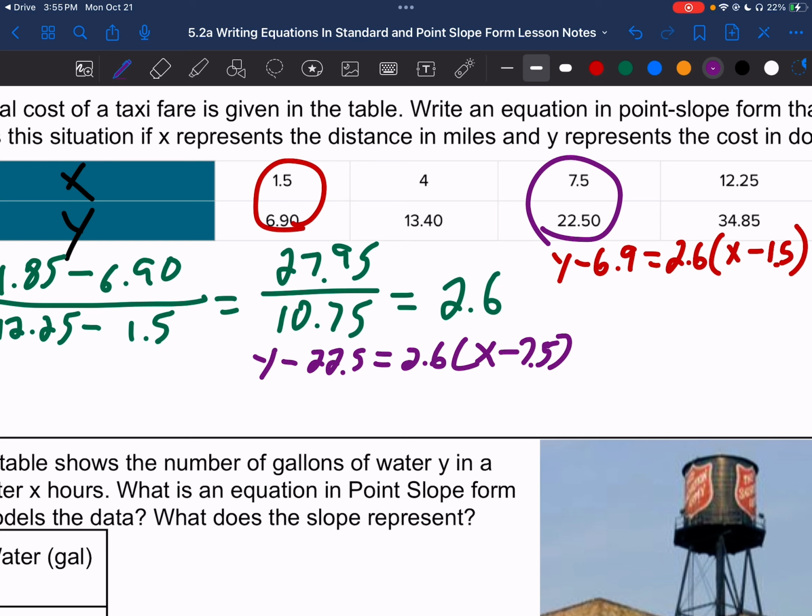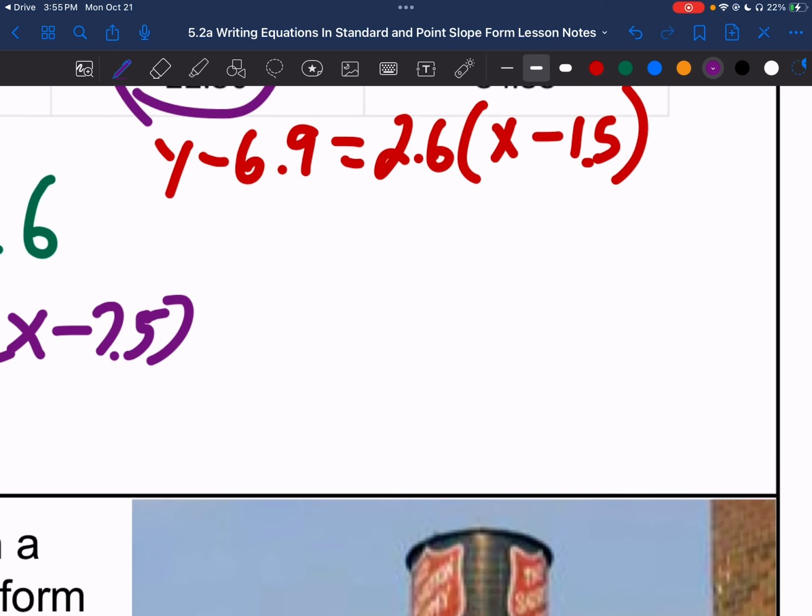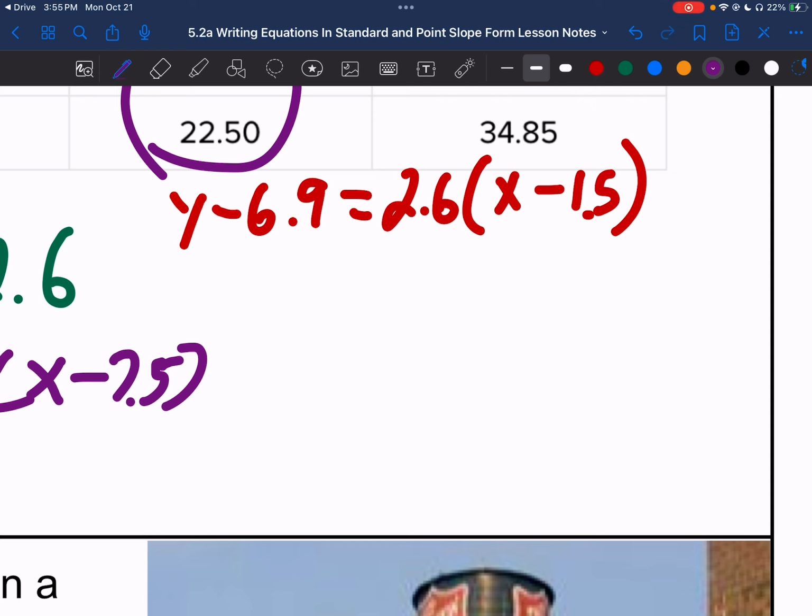Now, how about we use this to prove to you that what we're getting in these equations is going to be the same equation. The first thing I'm going to need to do is multiply 2.6 by x and by negative 1.5.